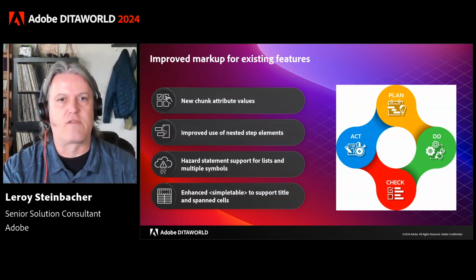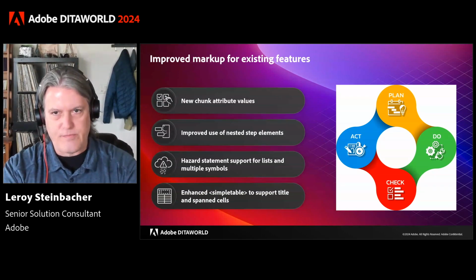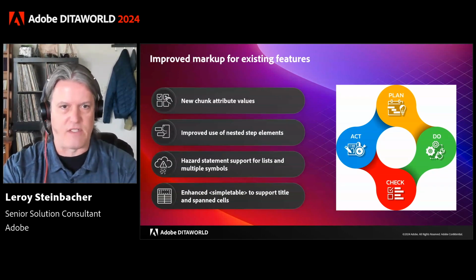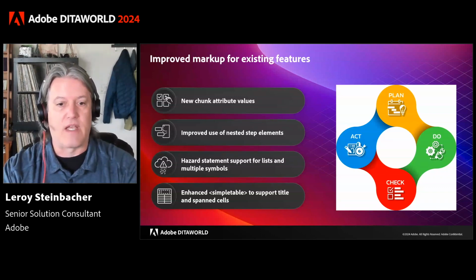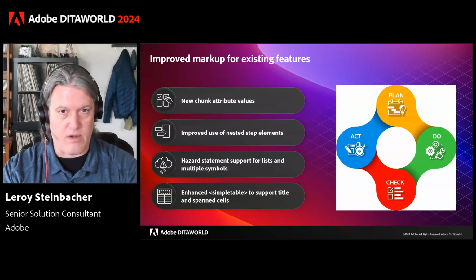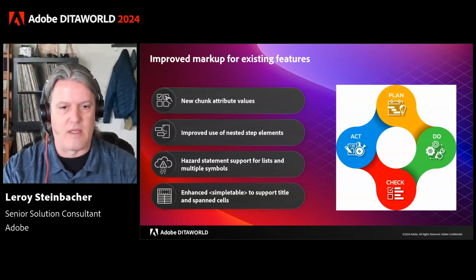Another new feature is for the step elements. Previously, if you wanted to have a sub-step, then you would have a task, steps, step, and there was a sub-step element that you could put underneath it. But that caused some problems, because let's say you wanted to reuse that sub-step in another task somewhere, right?